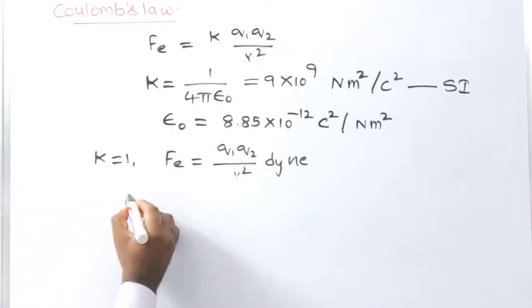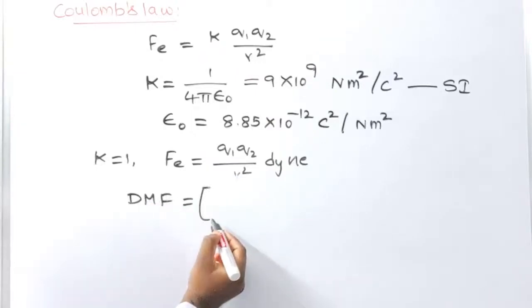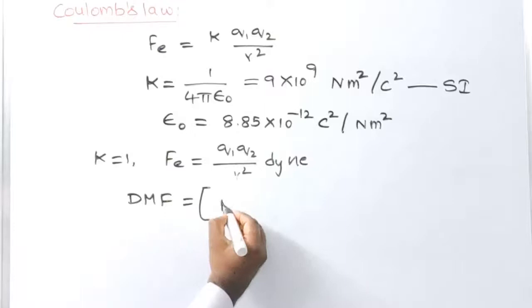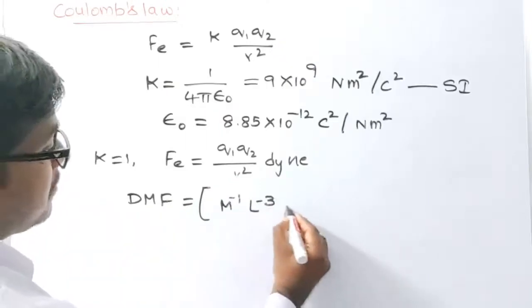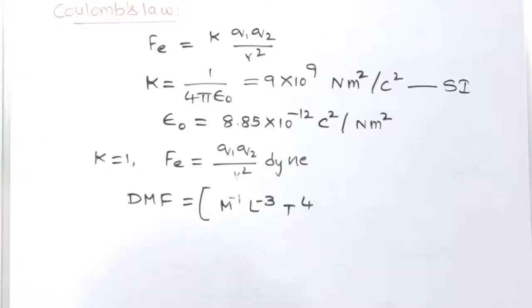The dimensional formula of the permittivity of free space is M power minus 1, L power minus 3, T power 4 and A power 2.